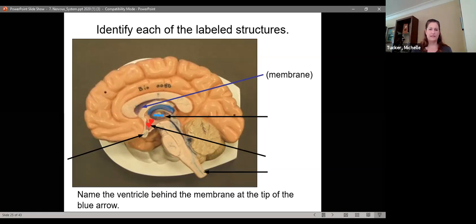Okay, so let's go ahead and put a question mark on the septum pellucidum. And so the septum pellucidum is the membrane. This arrow here is pointing to the pituitary gland.